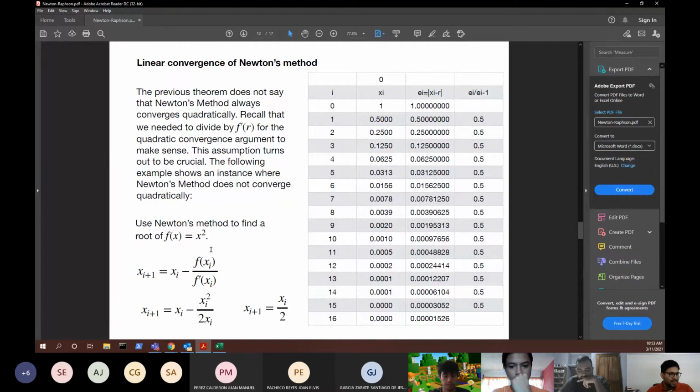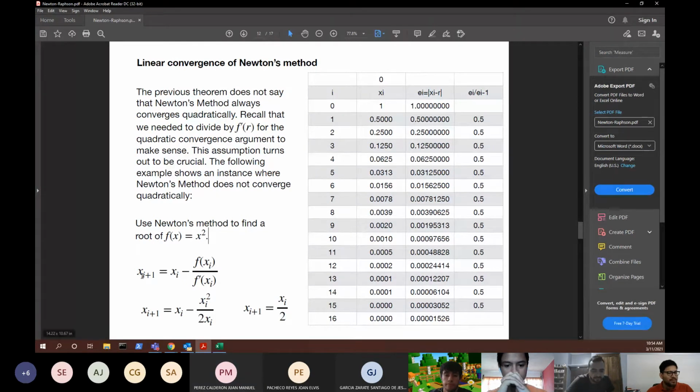Because remember that the method is actually divided by the derivative of the function, right? However, this is not the case for certain cases. So if we use the Newton's method for this function, f(x) equal to x squared, so ¿cuál es la derivada de x squared? What is the derivative of x squared? 2x. Exactly.